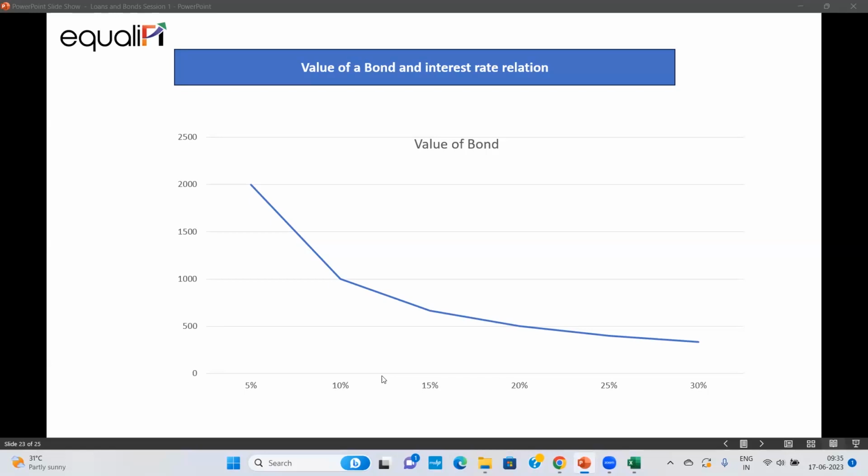So my question was, in case the equity market falls, then people invest in bonds.